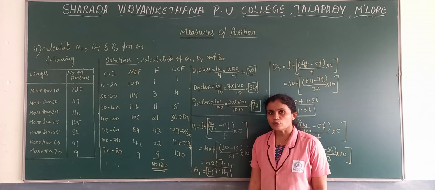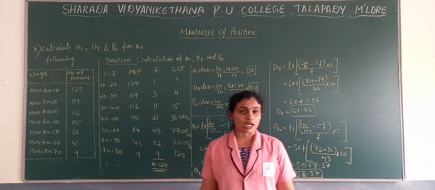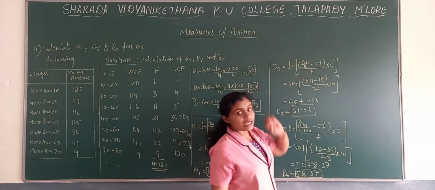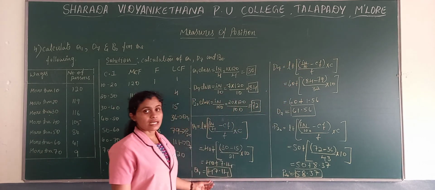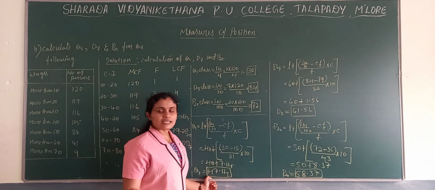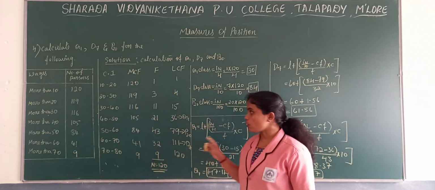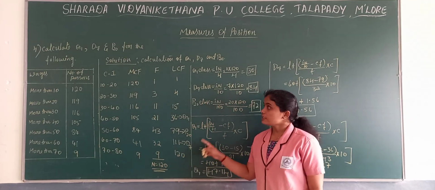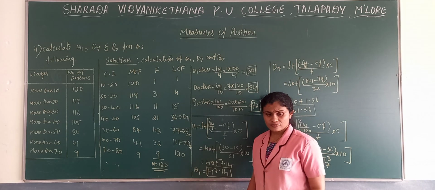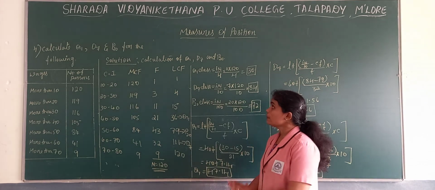This is similar to median. Be thorough with the median formula. Only changes will occur in where we need to find the classes. So here both discrete as well as continuous formulas will be important. In percentiles and deciles, discrete and continuous problems are important.